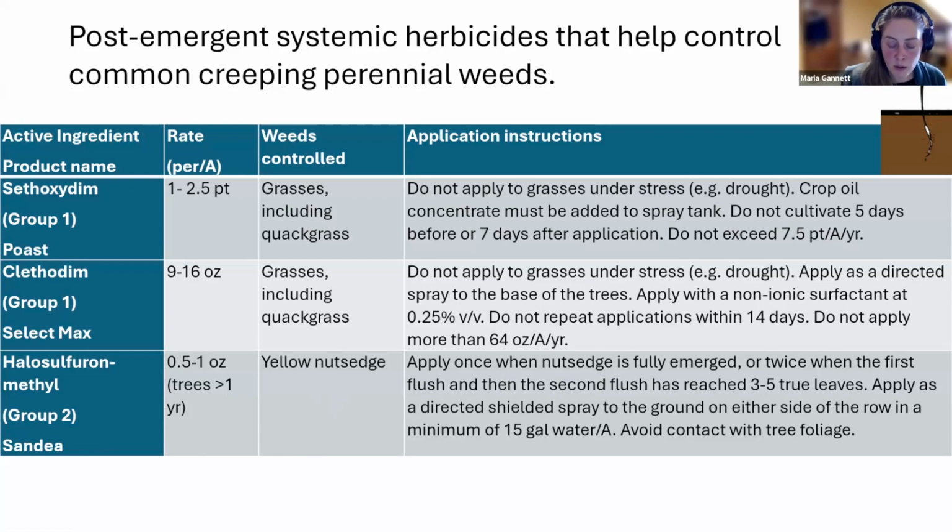Typically what the label recommends, if you're using Sandea or halosulfuron methyl to target yellow nutsedge, is you apply it when the plants have reached 3 to 5 true leaves. And then once they've reached 3 to 5 true leaves again, then you apply it a second time. So those are options for monocots.